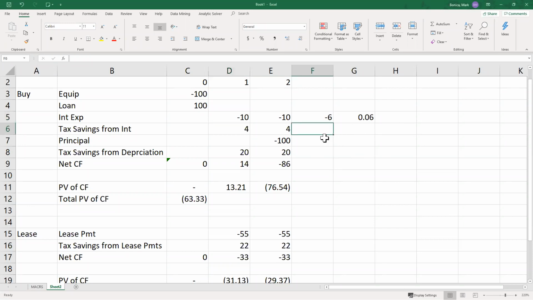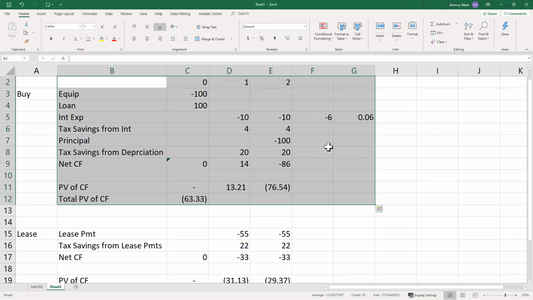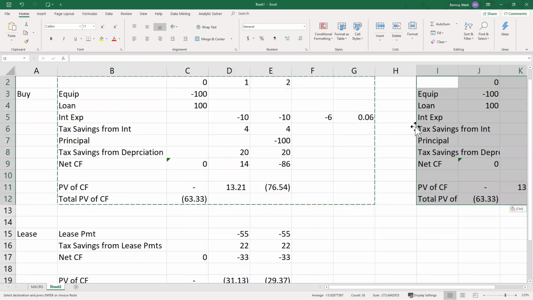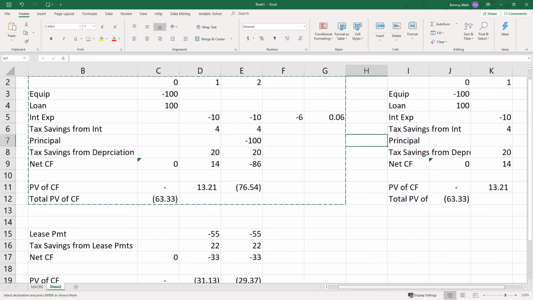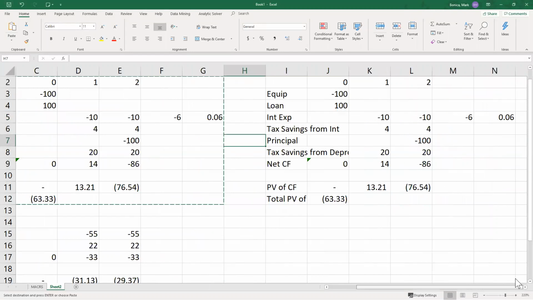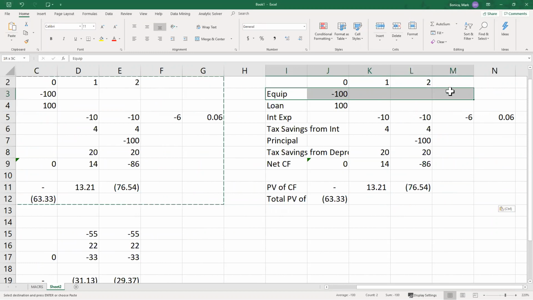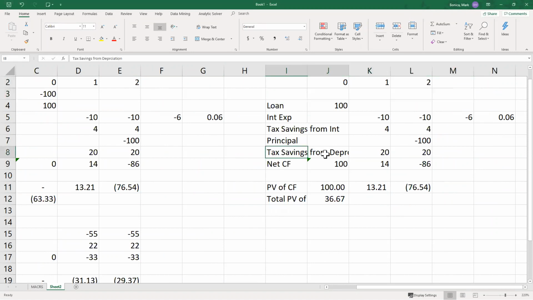So now I want to make a point, and that point is up here in the buying option. Copy this and put it right next to it. I'm going to take out everything that's not related to the loan. So I'm going to take out the actual purchase of the equipment, and I'm going to take out the depreciation savings.